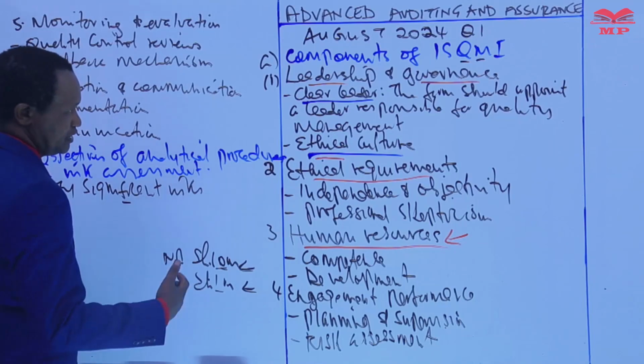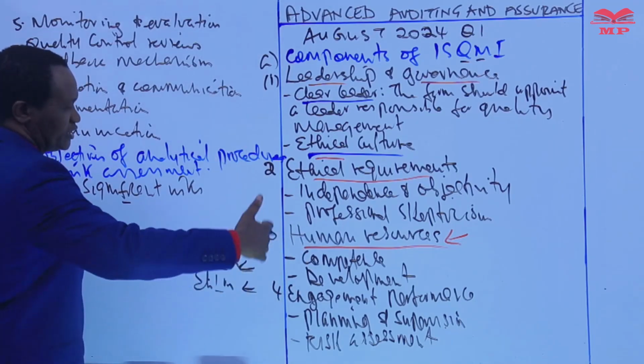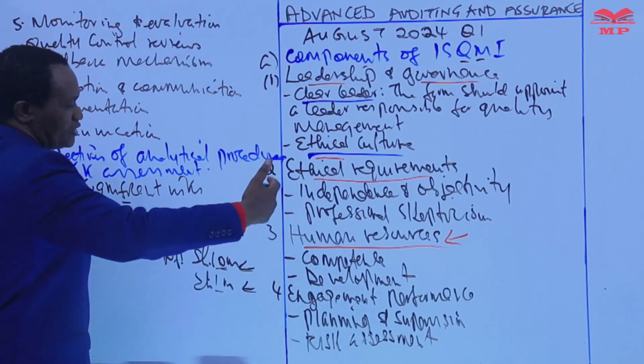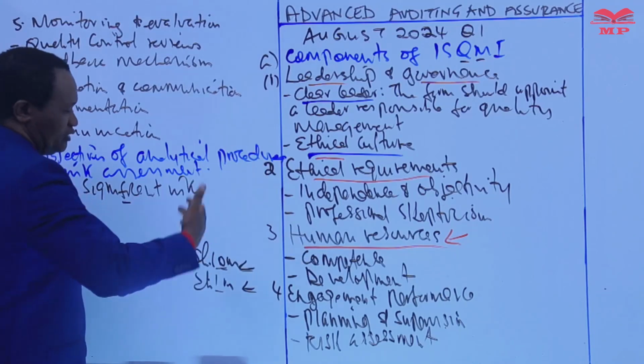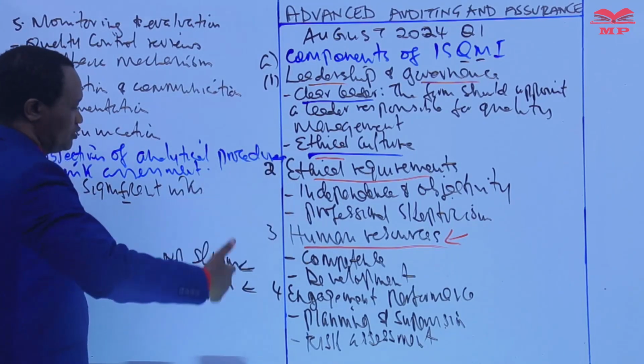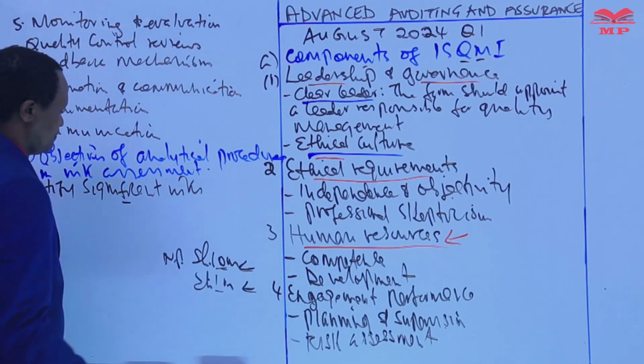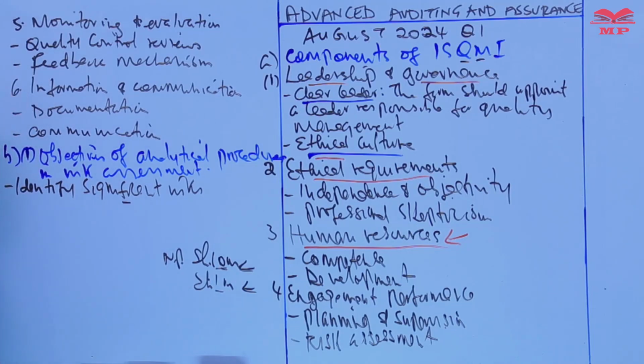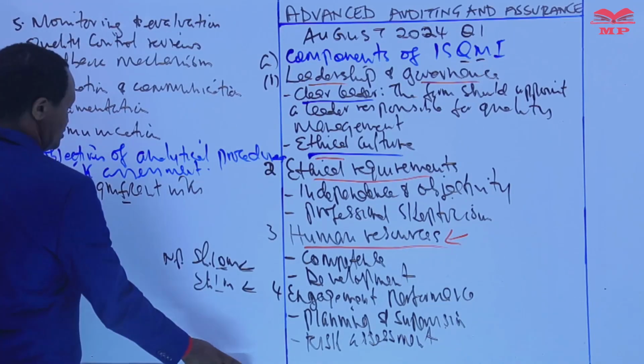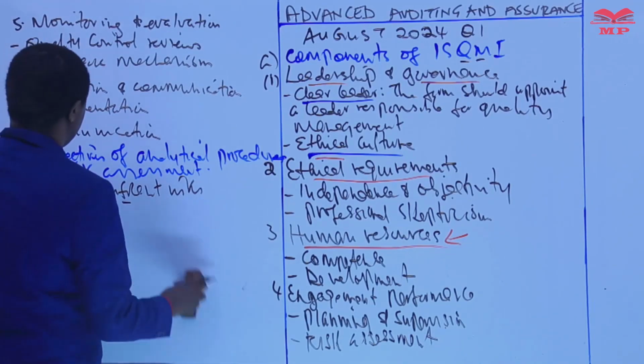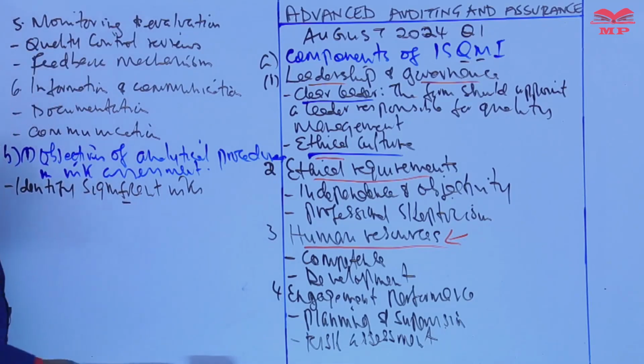So if there is a huge deviation from what is expected in the performance of companies in that industry, if there is a huge fluctuation from the standard, then that may indicate potential misstatements. That's one objective, to identify significant risks.